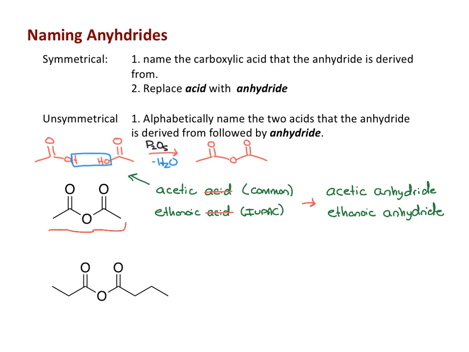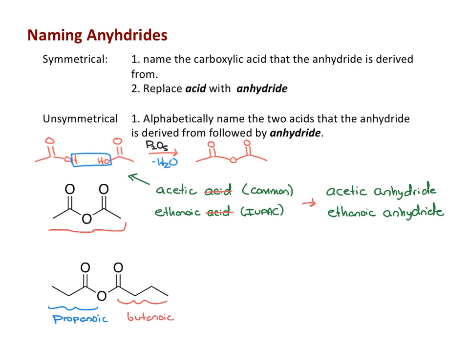So for the second example, if we do this based off of the IUPAC name, we would have propanoic acid, because there's 3 carbons, and you would have 4 carbons butanoic acid.